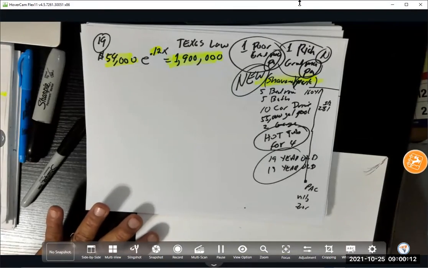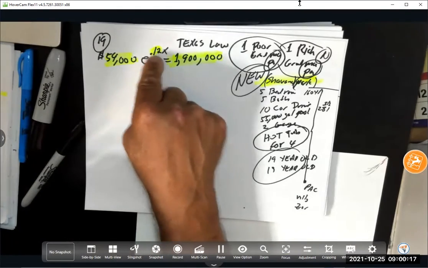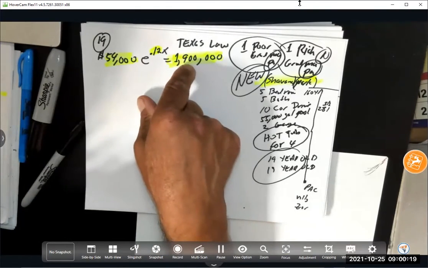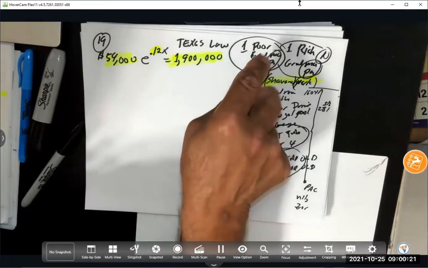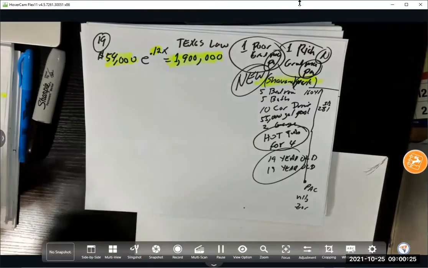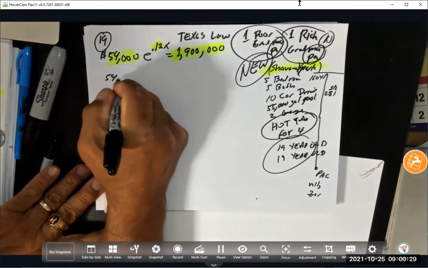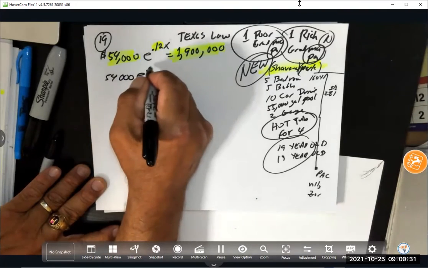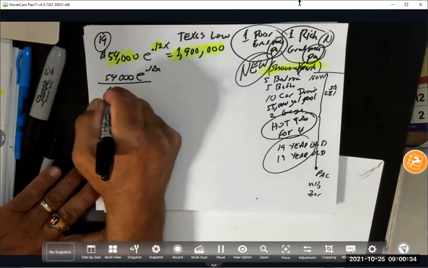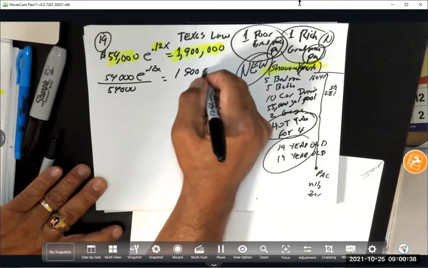All right, so let's solve this one. How many years is it gonna take for this $54,000 house at this rate to become $1,900,000, and they can retire? Step one, divide by what? You told me. Divide 1.9 million by 54,000. Exactly. That's what you do. This one by 54,000, and also this number by 54,000.